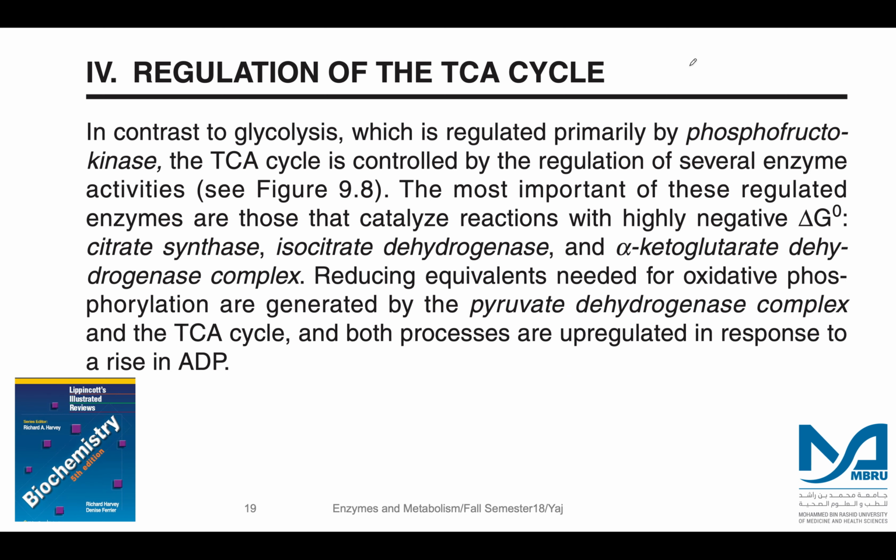Now we come to the regulation of the TCA cycle. I am not going to ask you to read a lot about this, but it is good if you can give a casual read through the regulation of the TCA cycle from your book.